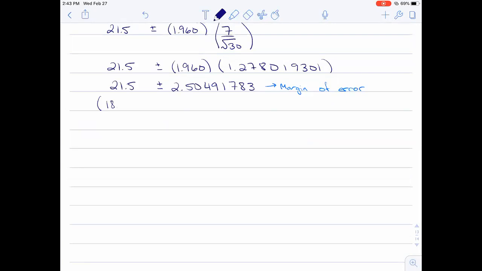I get 18.99508217 up to 21.5 plus that guy, 24.00491783. You're going to keep all your decimal places until the very, very end. Right? Now we can round to 1 decimal place.